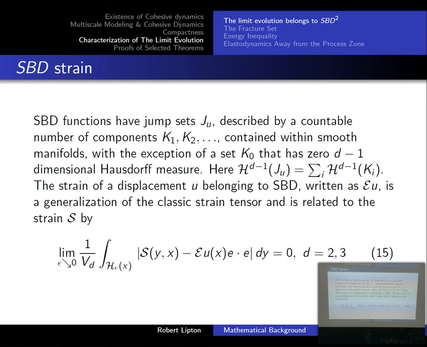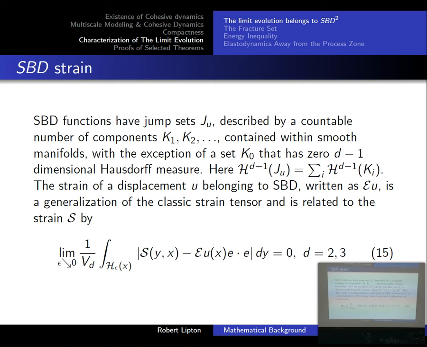And the amazing and nice thing about SBD functions is that the jump sets are exactly the collections of x for which you do have a jump, a u plus and a u minus at x for some direction, and they're glued together. The nice part is that SBD functions have jump sets described by a countable number of components, each of which is contained in a smooth manifold, with the exceptional set K0, which has zero d minus 1 dimensional Hausdorff measure.